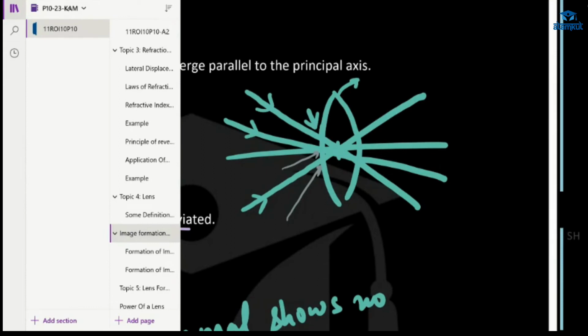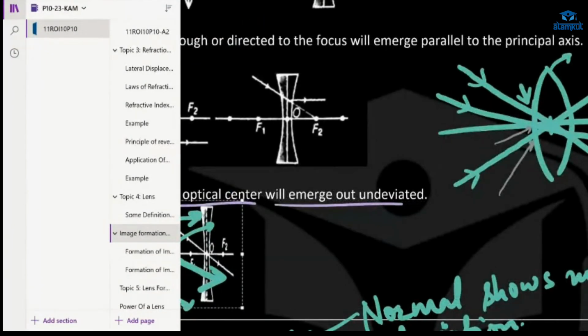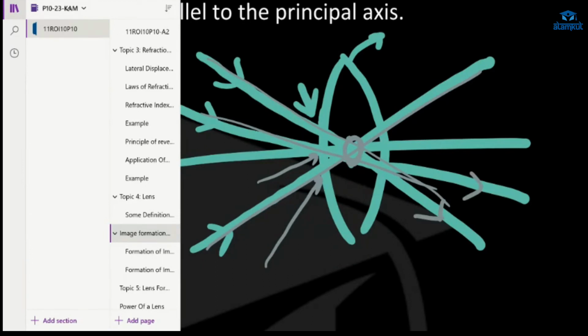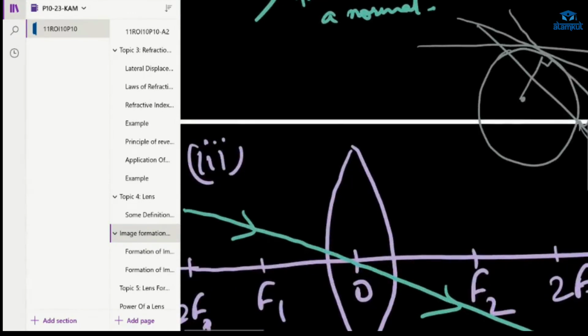So all the incident light that is getting incident on the different points of the lens, all of the lines that pass through the optical center will pass undeviated after refraction. You got this? Yes, ma'am. Okay, fine. Because all rays are experiencing different points.